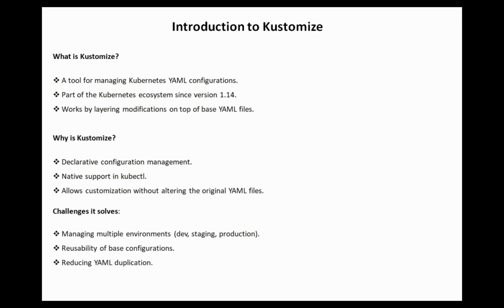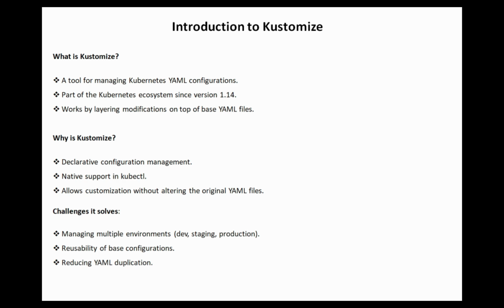Another beauty is that it is natively and heavily supported with kubectl commands. For example, if you want to deploy something directly, you can use kubectl apply with the -k option, and all those kustomization YAMLs that are written will be deployed. Or you can use kubectl kustomize build, something like that. It's tightly integrated, and it comes with the Kubernetes kubectl client directly from 1.14 onwards.